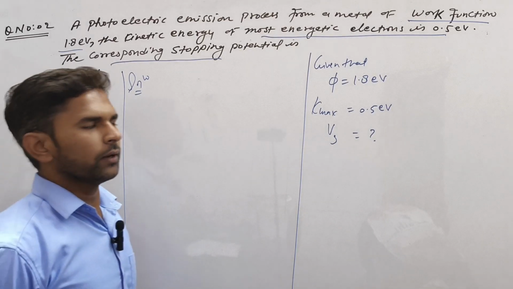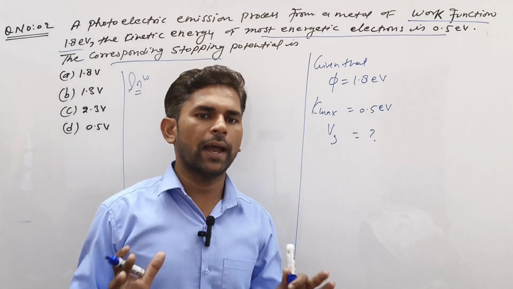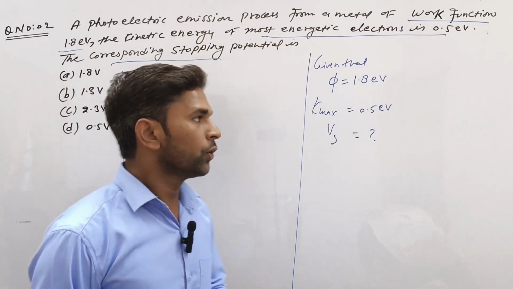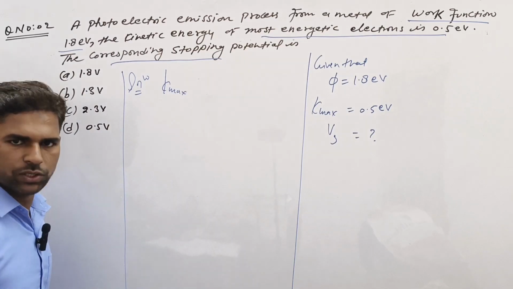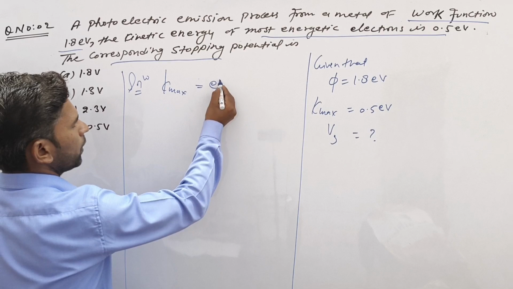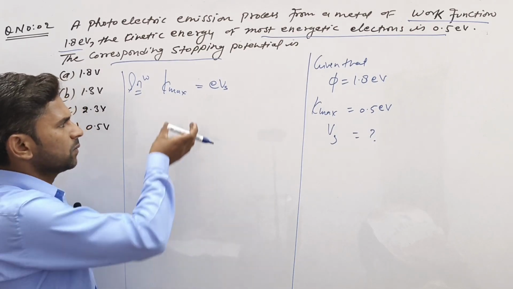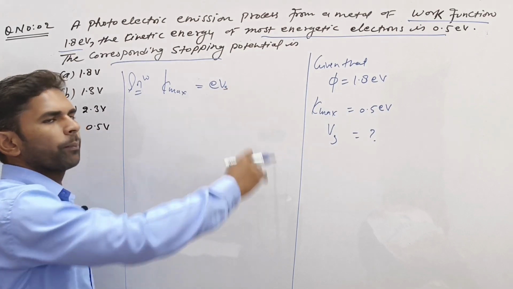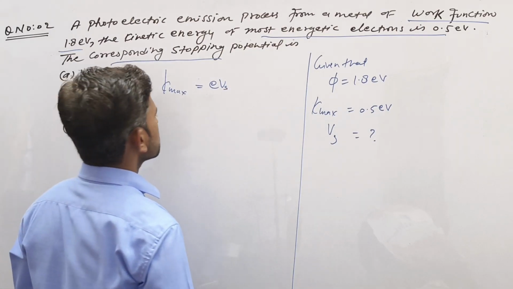You know very well the relation between maximum kinetic energy and stopping potential. So you will write one relation: maximum kinetic energy is always equal to e V_s. This is the relation between maximum kinetic energy and stopping potential, so you will apply this formula directly.